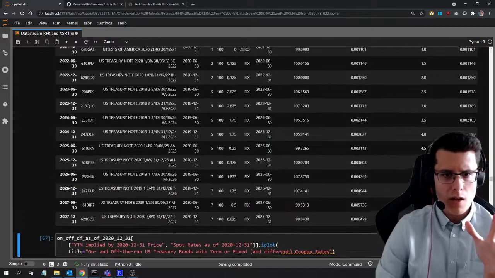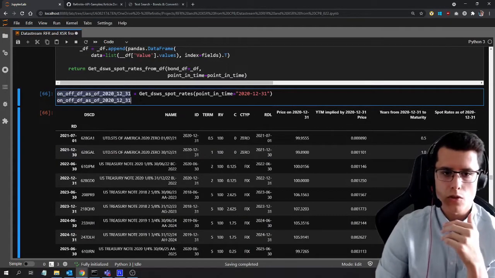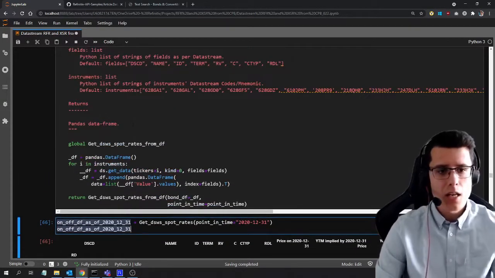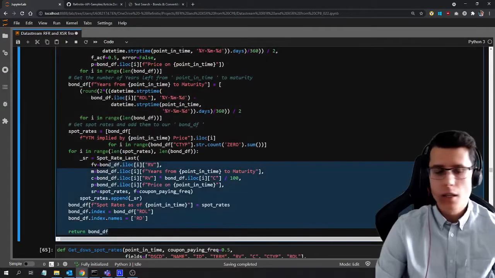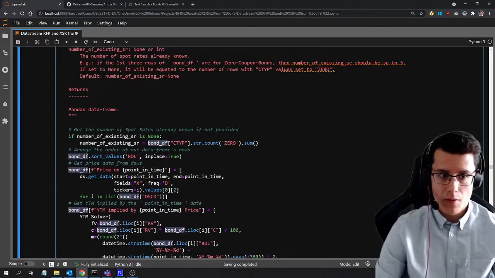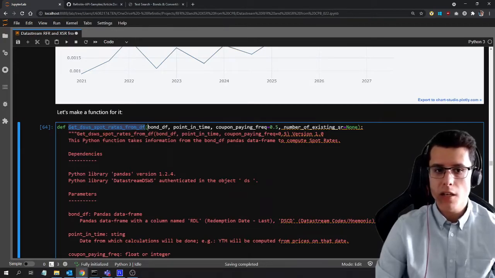All right, so this is what we had thus far. We have our graph, we have our data. By the way, if you're interested in this specifically, I just did it in between the two streams. It's just another one of the exact same thing, and I've put together everything we've done thus far into one function right here. I've called it get DSWS spot rates from DF. So this specifically computes spot rates from a data frame.